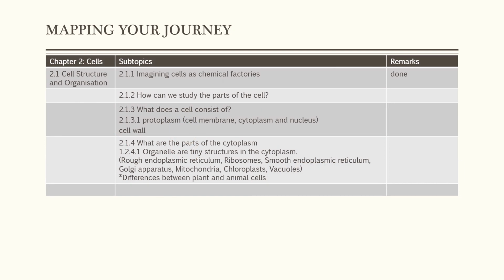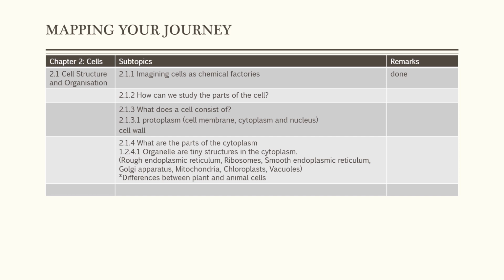After the listing, we will now be able to map our journey. So this is mapping your journey. Through this, you are going to take notes, just following this template. For example, in chapter 2, you have cell structure and organization. And then you have these things to study, like imagining cells as factories.